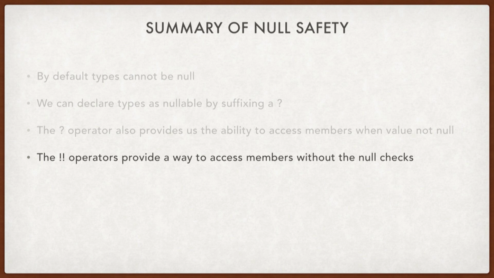We can just put the question mark prefixing the calls. The double bang operator provides us a way to access members even if they could potentially be null. As we just saw, it's basically saying to the compiler, I know what I'm doing, I know that this could potentially be null, but let me go ahead and invoke the member property or function.